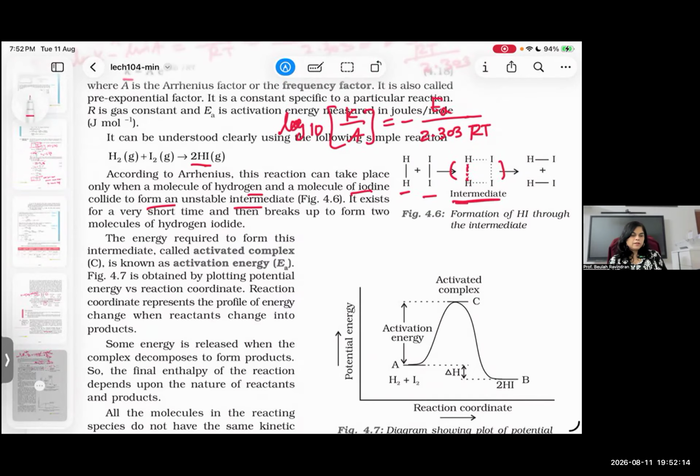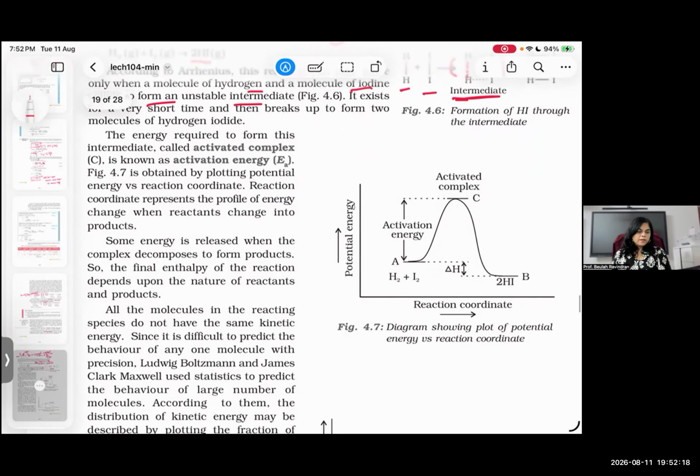If you plot like this, this diagram shows potential energy on the y-axis and reaction coordinate on the x-axis. Initially it is hydrogen plus iodine. It forms the intermediate activated complex, and here the activation energy, the potential energy, is high.